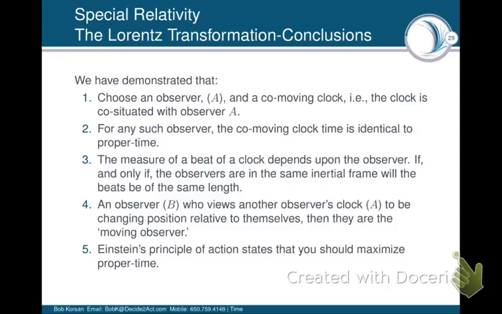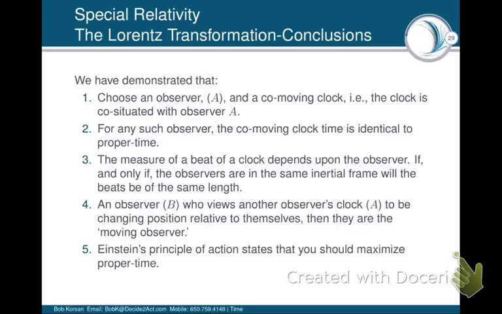Otherwise, an observer who views Alice's clock to be changing position, that is, moving, relative to themselves, then they are the moving observer. This is when you read relativity, these are the things you need to understand.